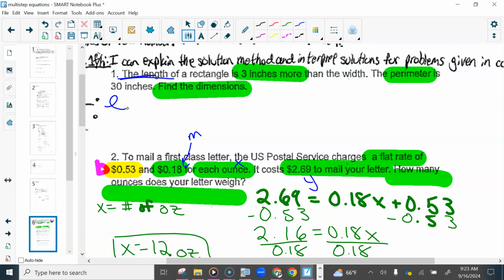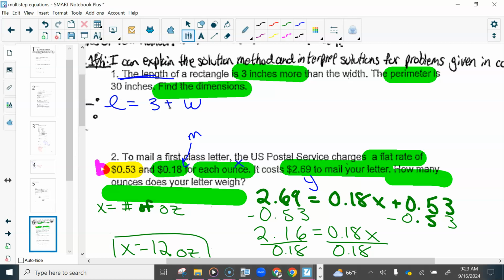The length is 3 inches more than the width. So if I knew what the width was, what operation would I be doing if it's more than? Addition, multiplication, subtraction, division. Addition. So 3 more than the width means I'm adding 3 to the width to get the length.